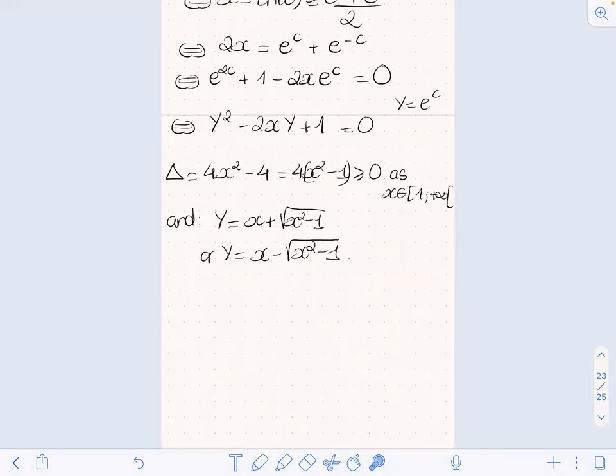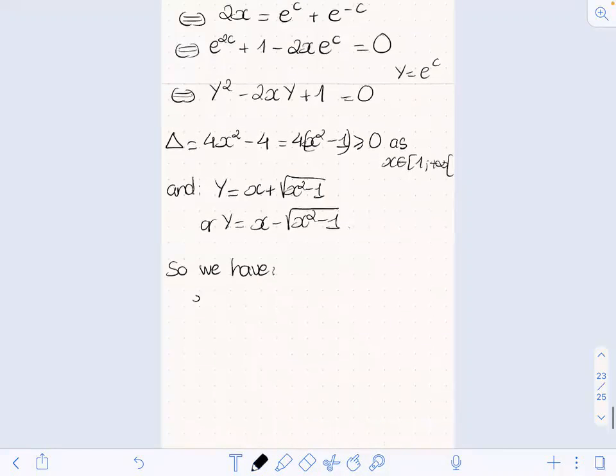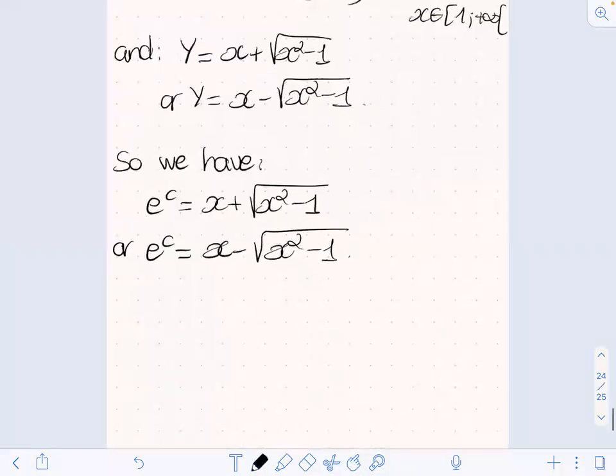So we have exponential of c equal to x plus the square root of x squared minus 1, or exponential of c equal to x minus the square root of x squared minus 1. So we're a bit stuck here when it comes to deducing which is the right solution.